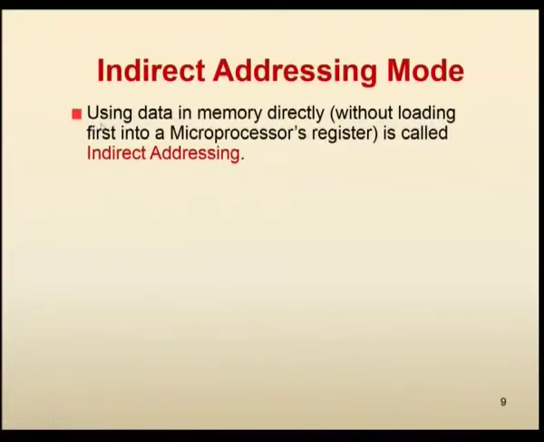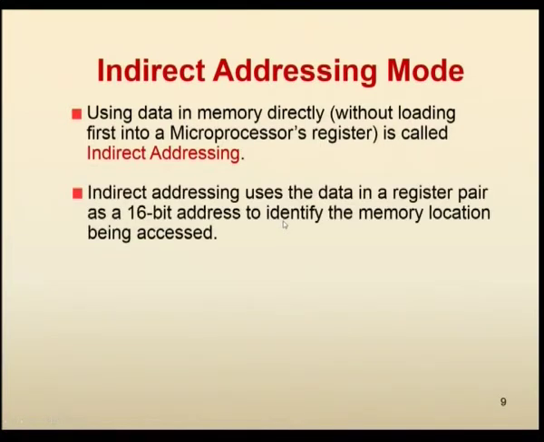Let us see briefly what indirect addressing mode is. What is the definition of indirect addressing mode? It is using the memory directly without loading it into the microprocessor. This is called the indirect addressing mode. It uses the data that is in the register pair.